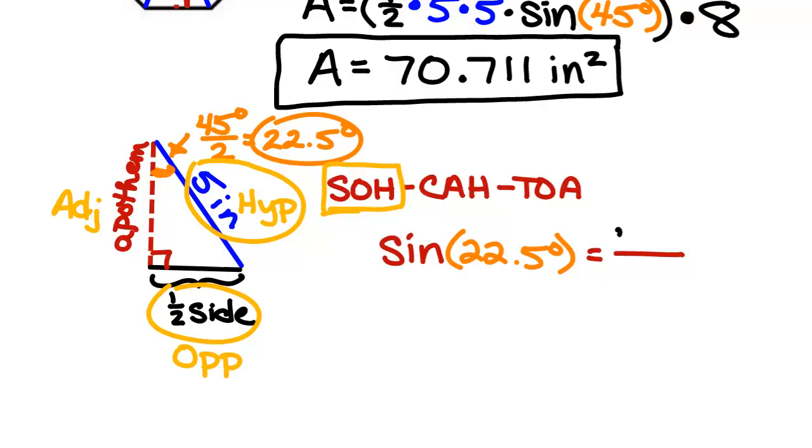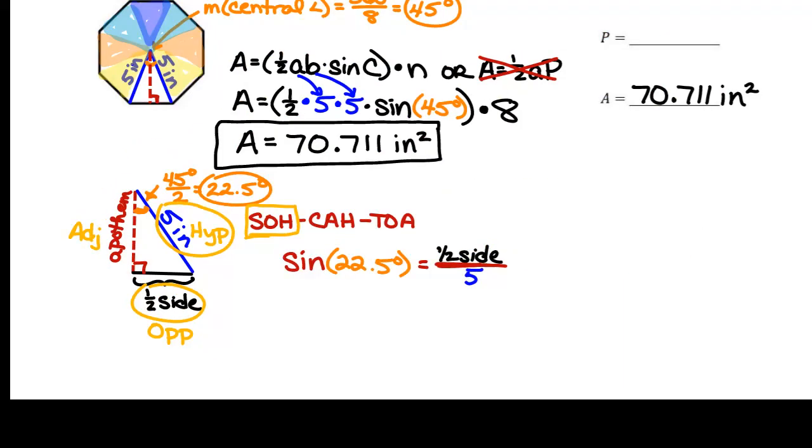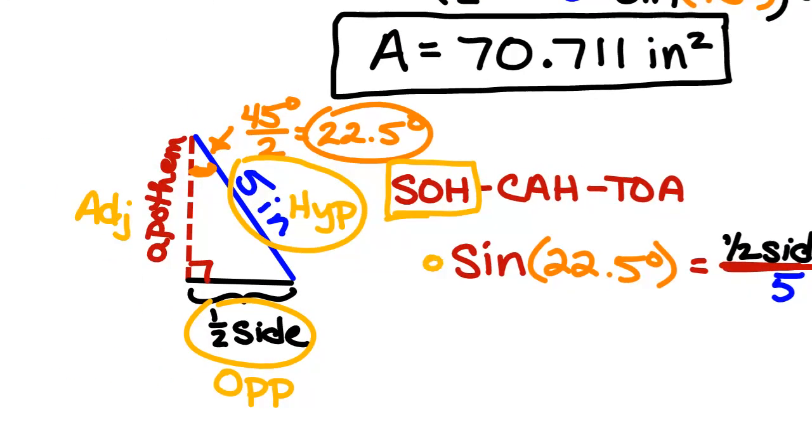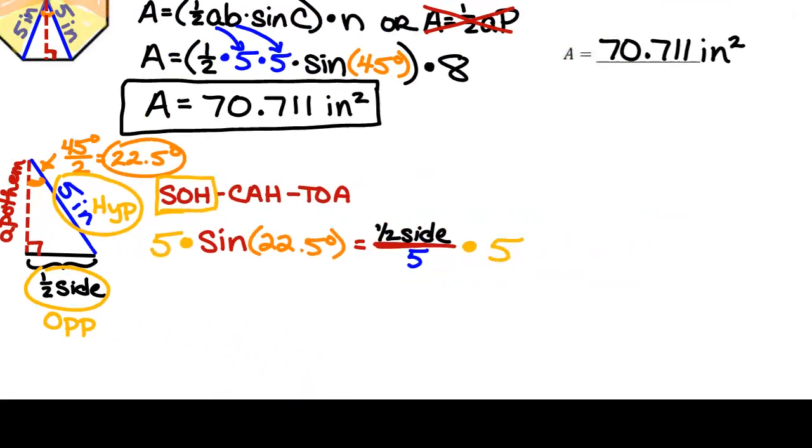We don't know. This is the half side over the hypotenuse, which is 5. What do I need to do if I'm going to solve that now? We're going to multiply by 5 on both sides so that we can cancel out that denominator.